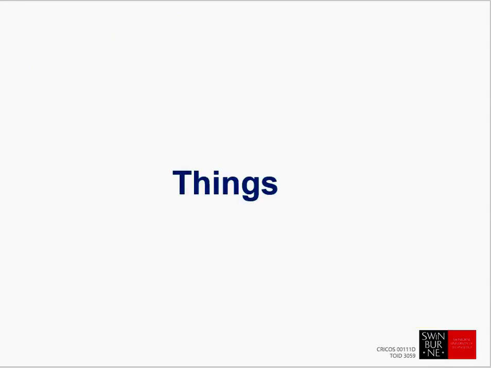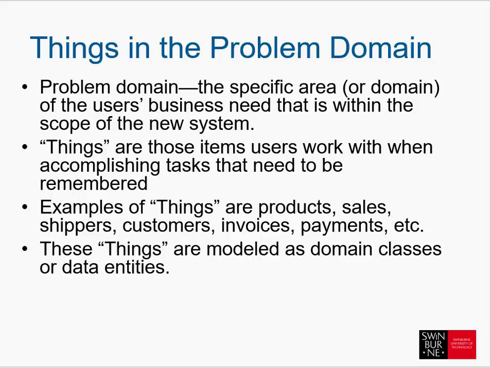Things in the problem domain. Now what do you mean by the things? Usually, as you learn in database analysis and design, we use data entities to represent objects. Data entities are what the users deal with when they do their work.